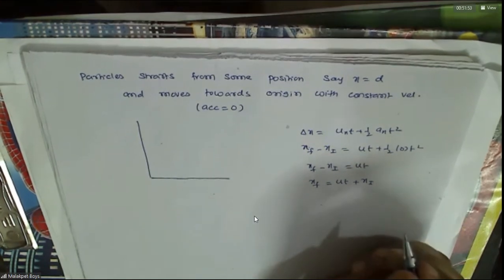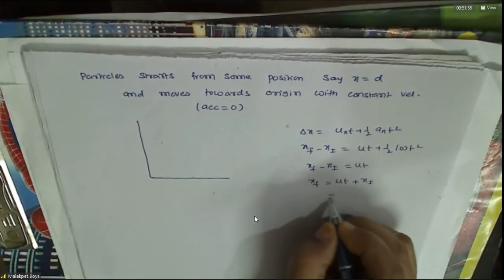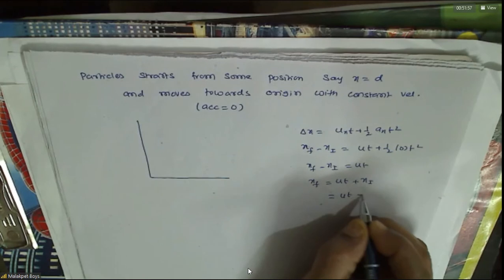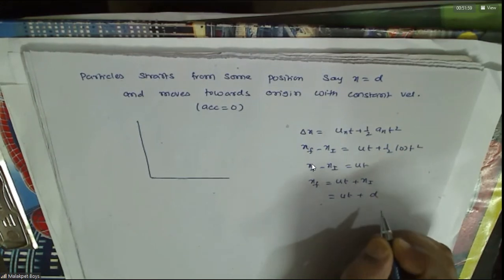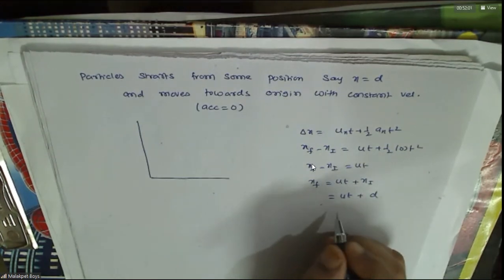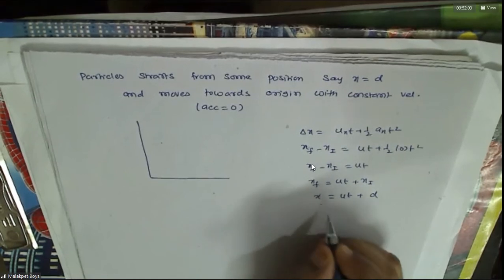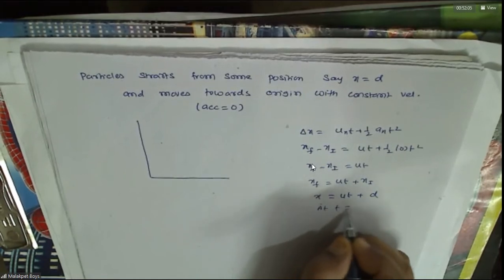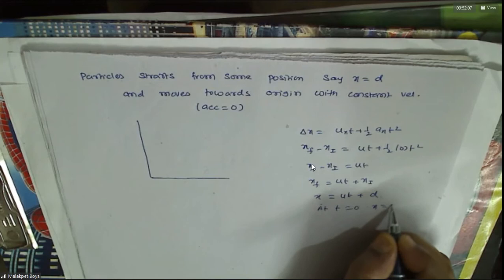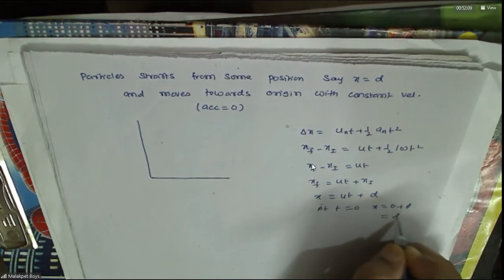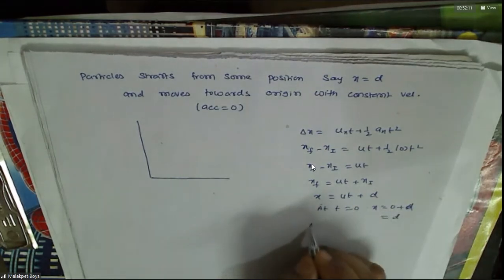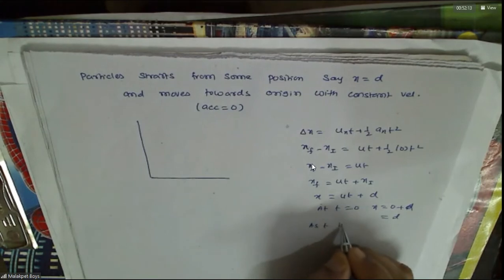Do you agree? This is ut plus d. Agreed? That means the x coordinate at t equals 0 is x equals 0 plus d. After that, as time increases, what is happening to x?